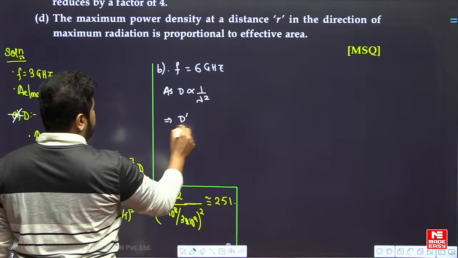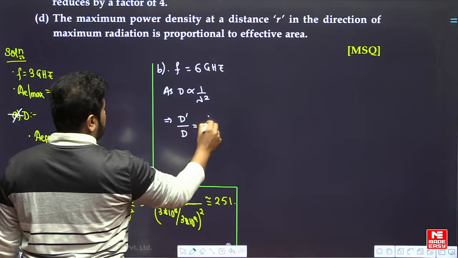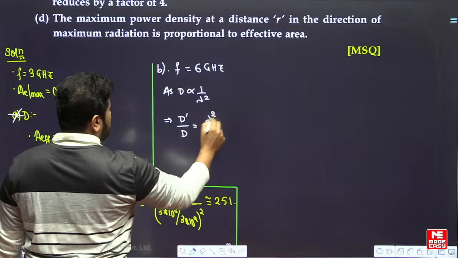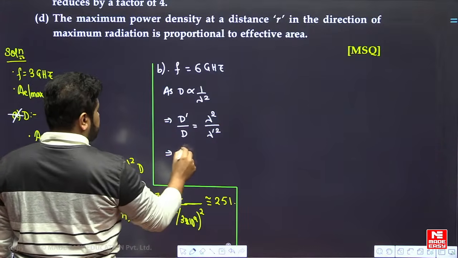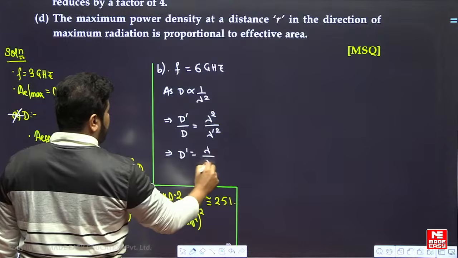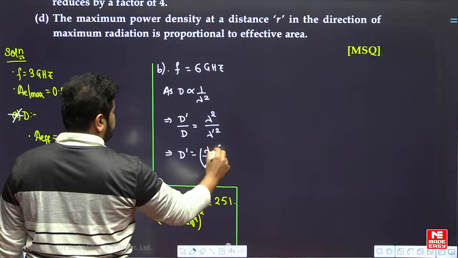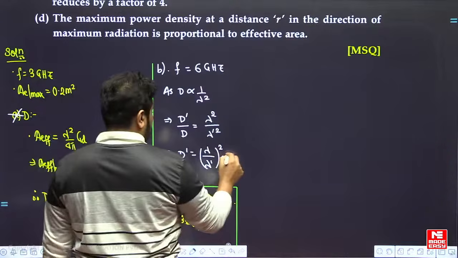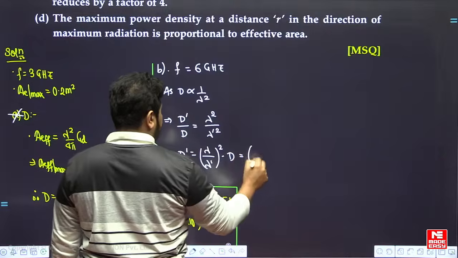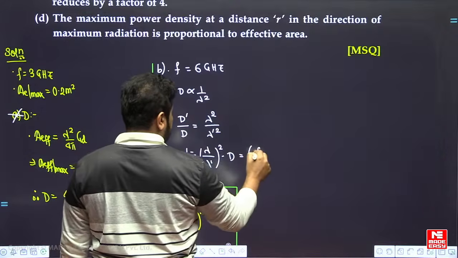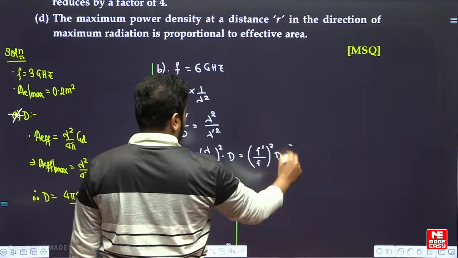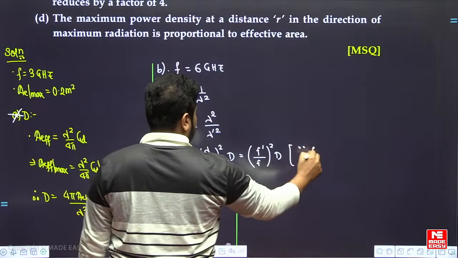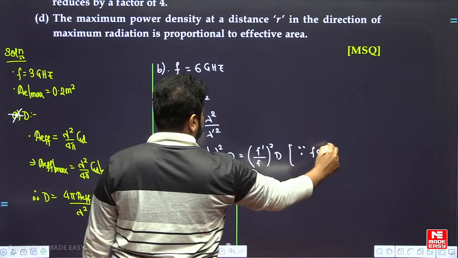So D dash upon D is equal to lambda square upon lambda dash square. So D dash is equal to lambda upon lambda dash whole square into D. Now this can be written as F dash upon F whole square into D, because lambda is inversely proportional to frequency.